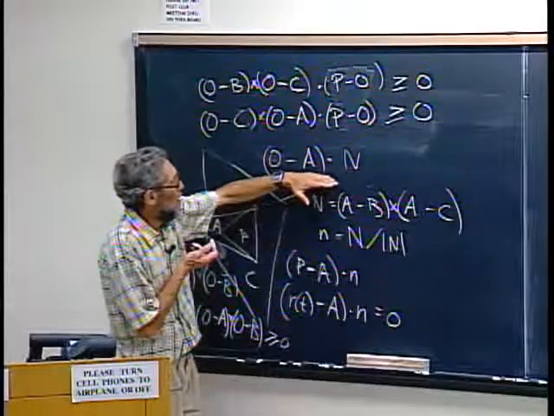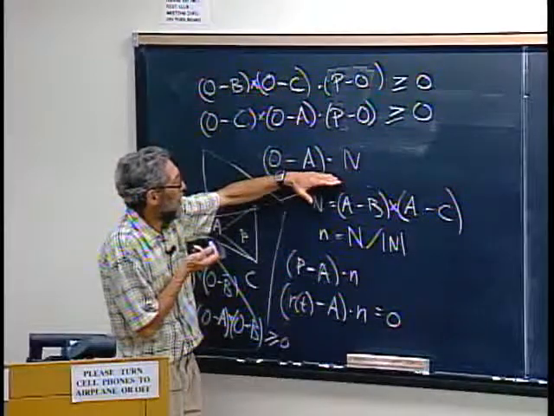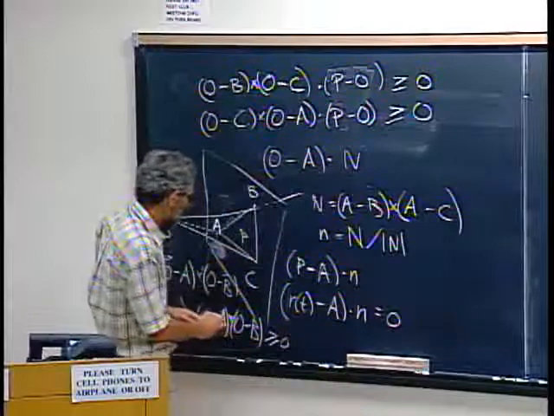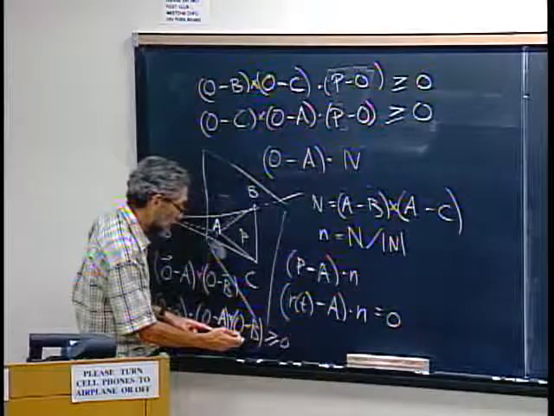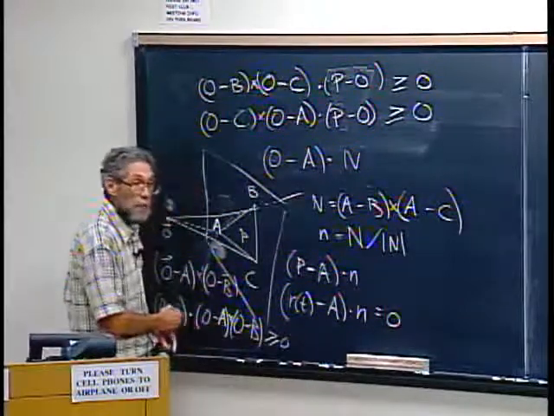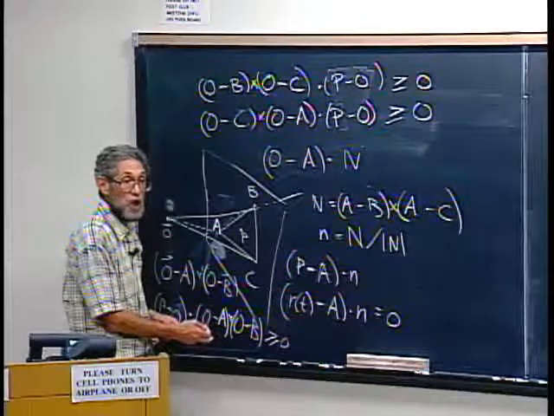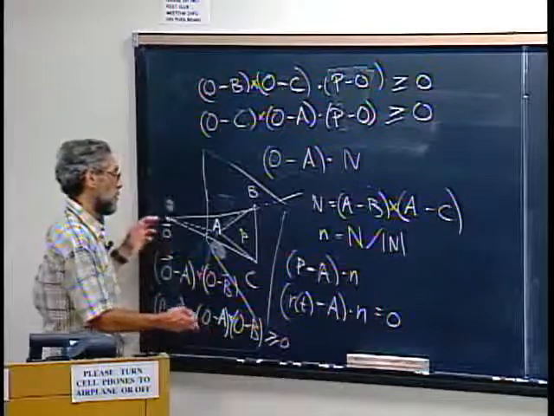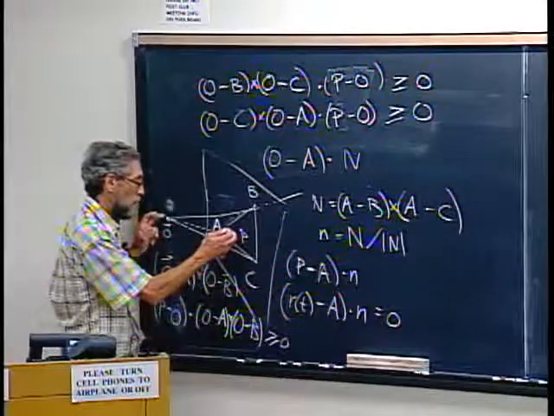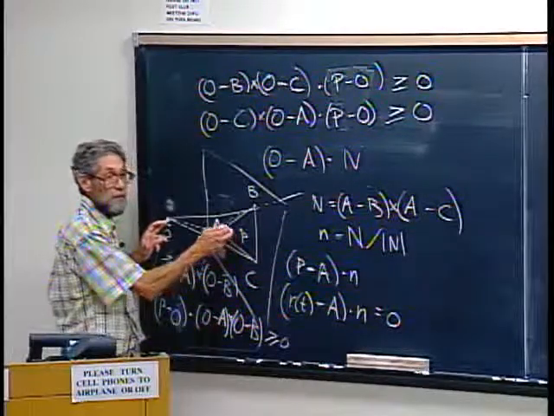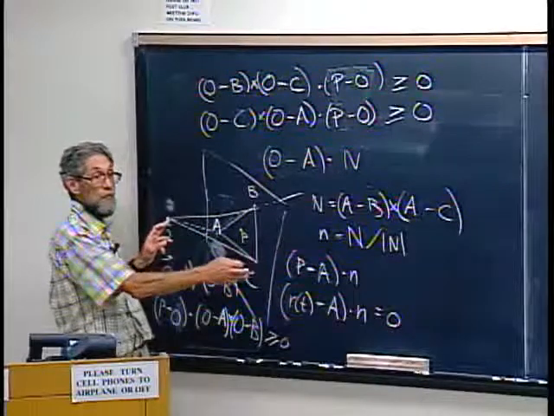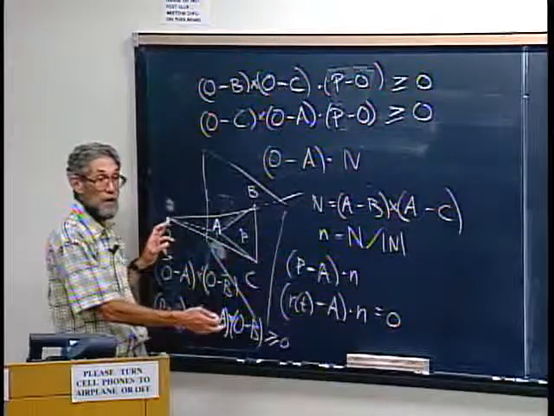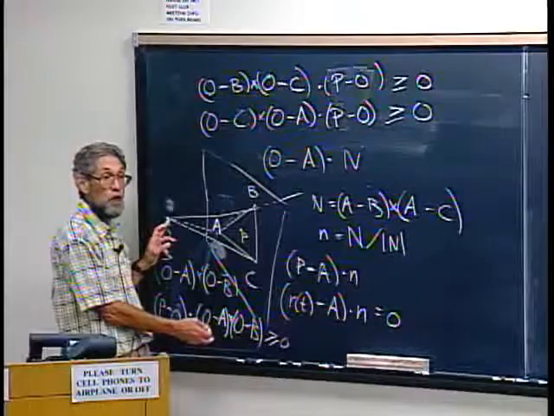Now, it turns out that if you take the cross product of two vectors, and then take a dot product with a third, it's the same as a determinant. Because basically, you can think of the way you compute the volume of this. It's a sixth of the volume of a parallelepiped, and the volume of a parallelepiped is that determinant. So these are all proportional to determinants.